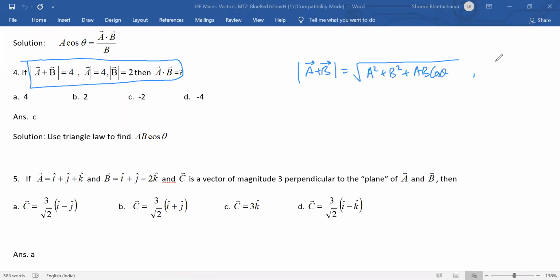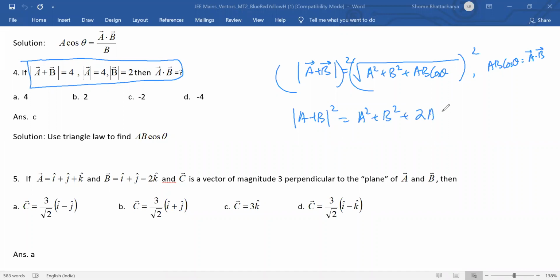AB cos theta, so directly write A dot B. Okay, and square both the sides. So it becomes mod of A plus B whole square is equal to A square plus B square plus 2 times A dot B. This is what we want to find out.